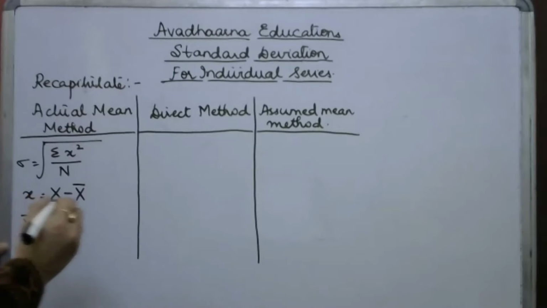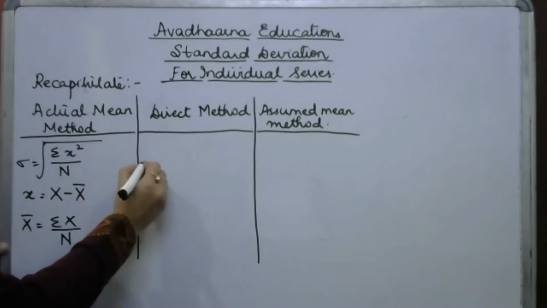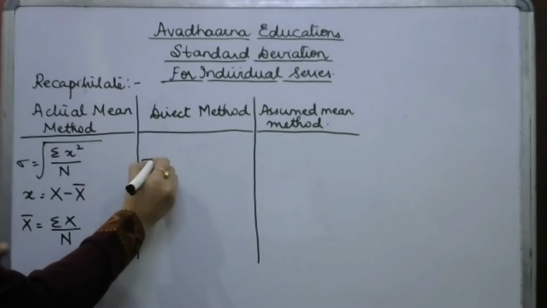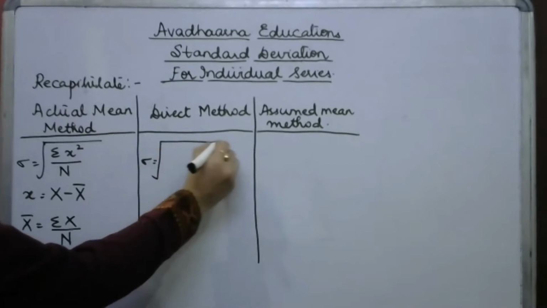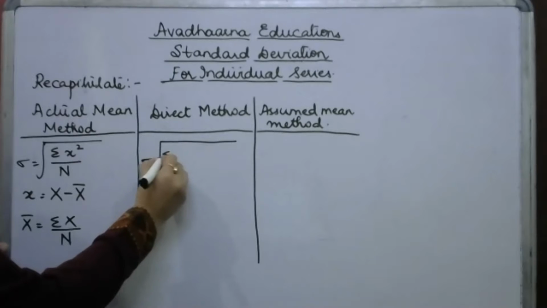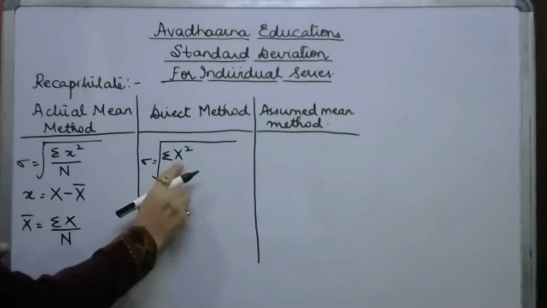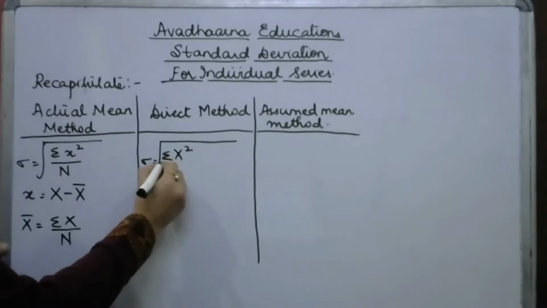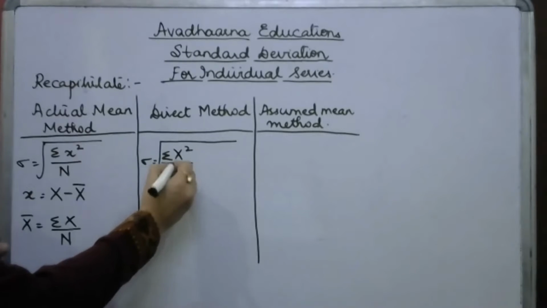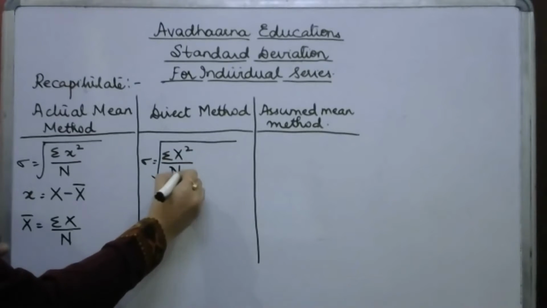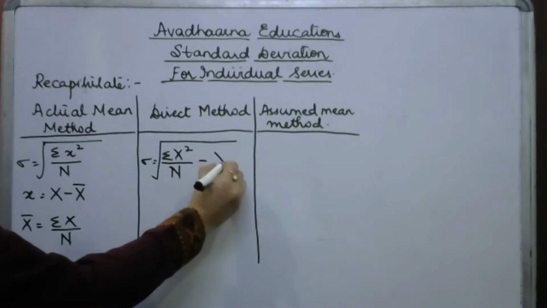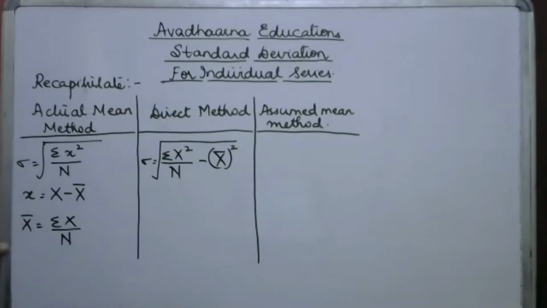Now the second method is the direct method. The formula for calculating standard deviation by direct method is under root of summation x square, where x is your x variable in the given series, upon n minus mean square.